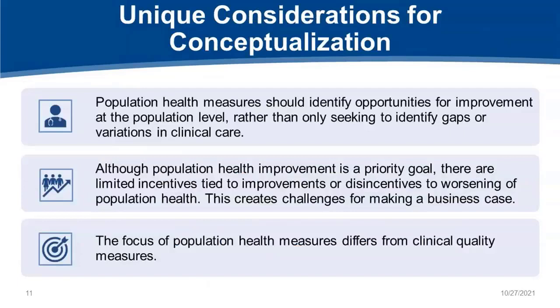If you've developed quality measures before, you might be thinking that it would be difficult to create an effective business case for a population health measure, since most quality programs are geared towards creating incentives tied to improvements in care within specific care settings, and that's true. So it's important to think about where you anticipate implementing your measure from the outset. If you're developing a population measure for use in a CMS program, consider whether changes in clinical care might drive improvements in the population outcome you're measuring. If you can make that connection, then you're well on your way to conceptualizing your business case.